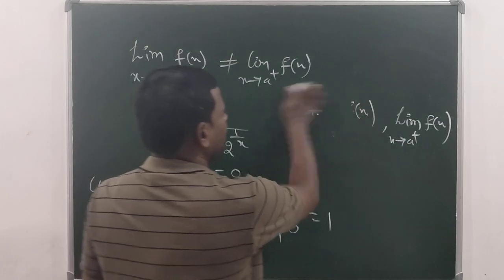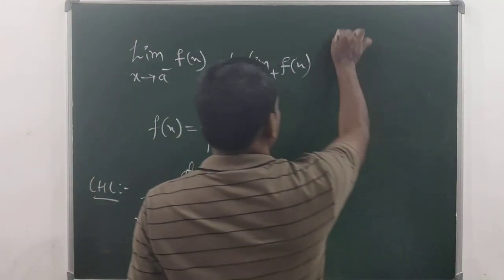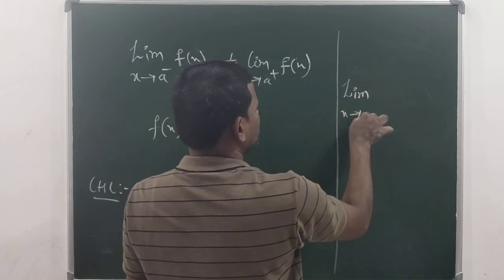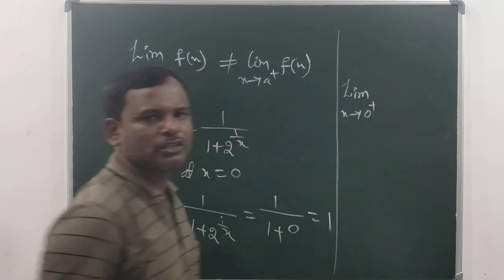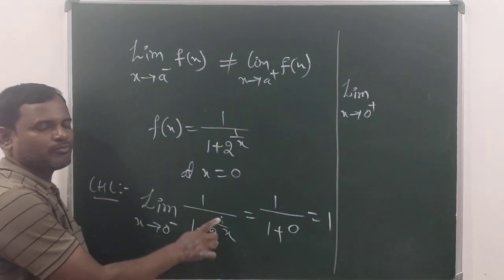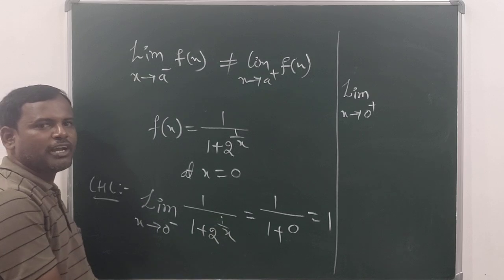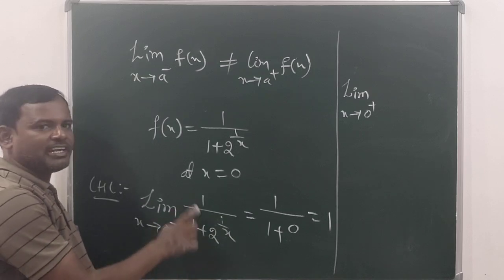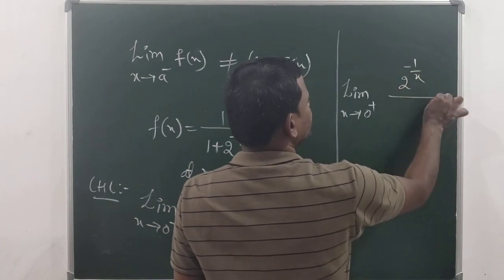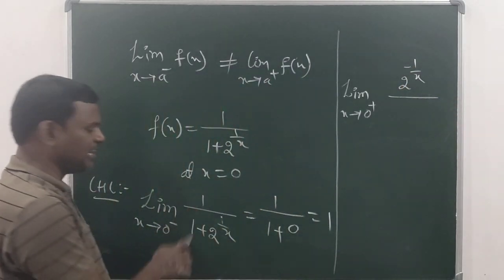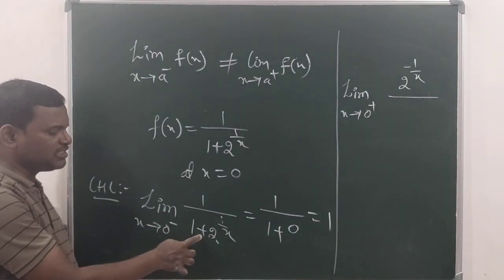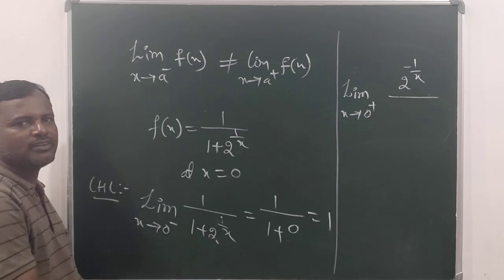Now if you prepare the right hand limit, limit x approaches 0 plus, which means x is positive. Now make sure that the power of 2 must be negative. How do you make the power of 2 negative? You multiply numerator and denominator with 2 power minus 1 by x. Otherwise, take 2 power 1 by x common from the denominator.